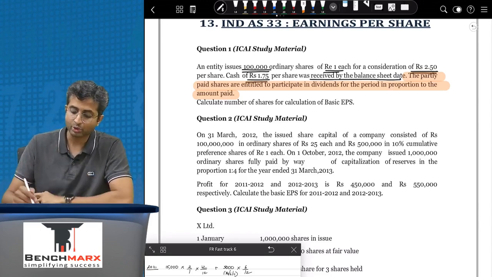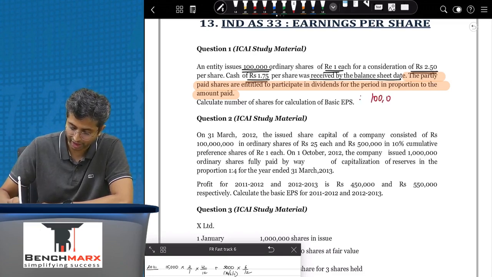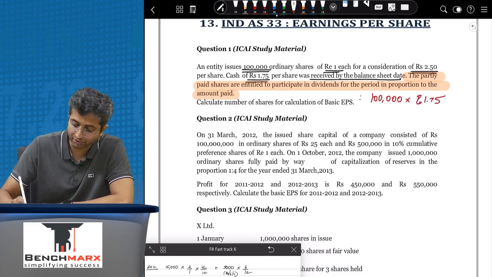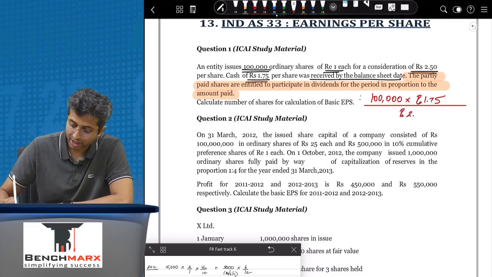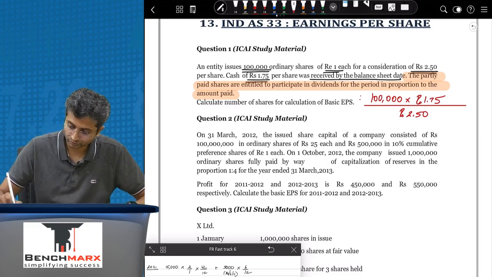Calculate the number of shares for the calculation of basic EPS. Well, you will have to take an equivalent number of shares. That is, 1 lakh shares have given you rupees 1.75. However, if they were fully paid shares, they would have given you rupees 2.5. So how many shares does that translate into?